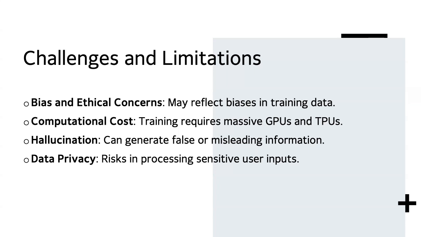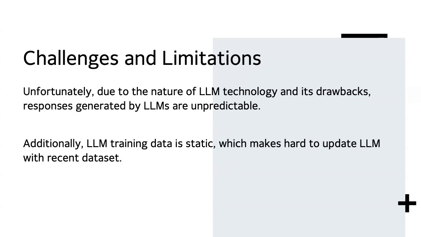Also, it has some data privacy risks. So when we input some sensitive information like maybe our personal information, then it gives some output, but maybe that data also can be stored somewhere else. So we have that kind of risk. Unfortunately, due to the nature of the LLM technology and its drawbacks, responses generated by LLMs are unpredictable.